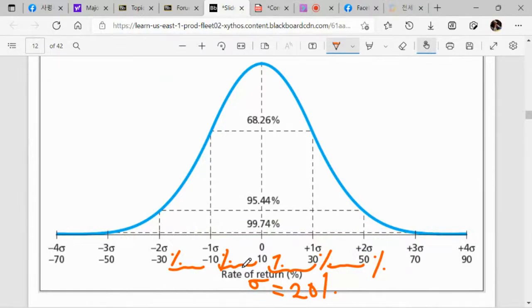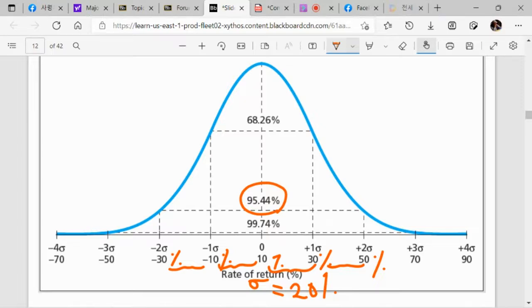What a normal distribution tells you is that about 96%, so this is almost 96%, there's a 96% chance that the actual returns will fall within two standard deviations around the mean, right? 96% chance. The actual return, holding period return.